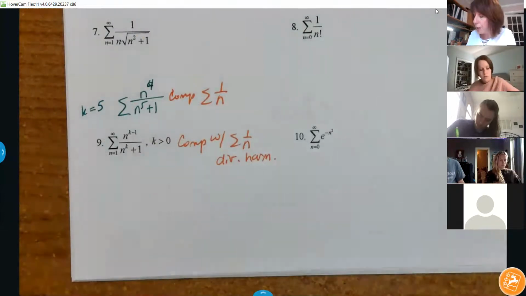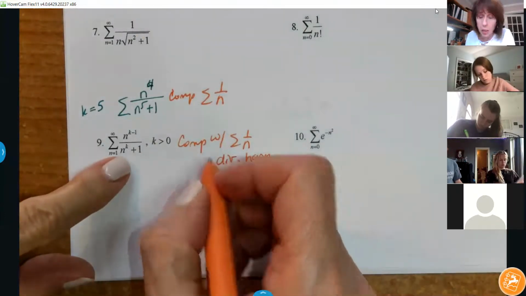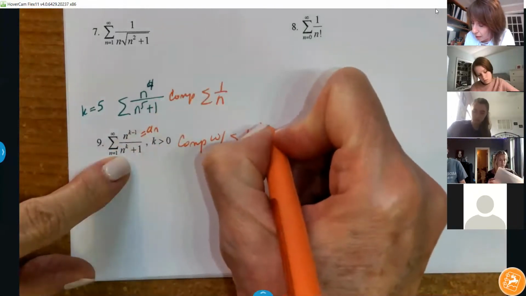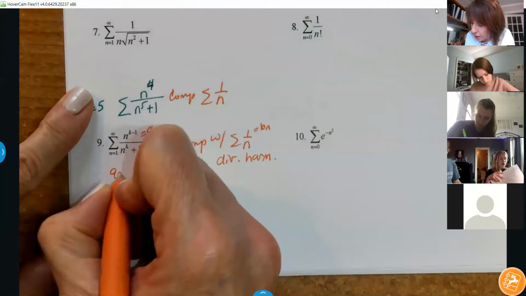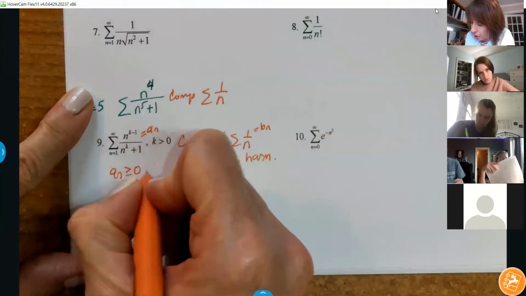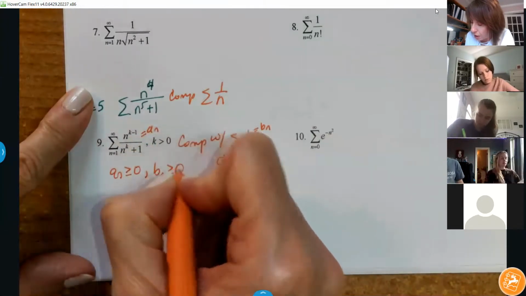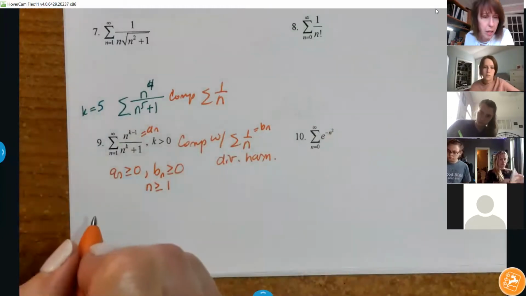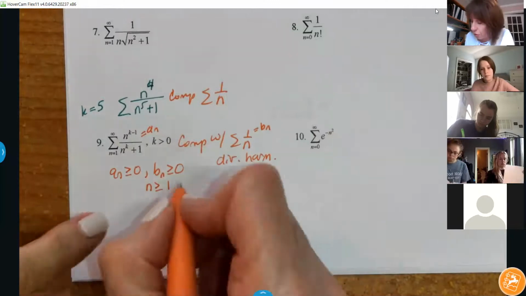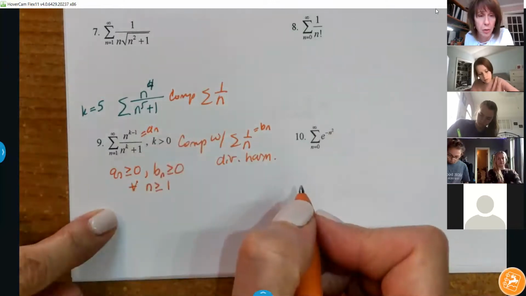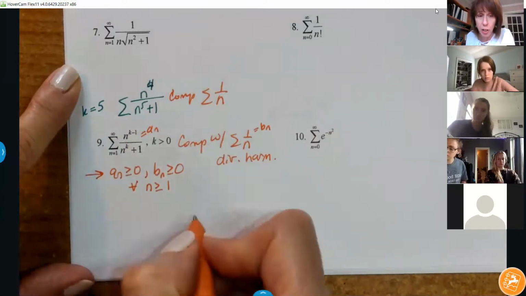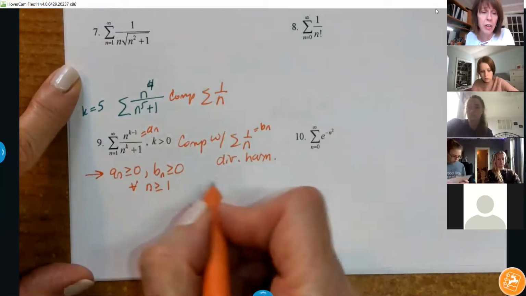There are 2 ways to do this. I could let this be a sub n and this be b sub n, and say a sub n is greater than or equal to 0, b sub n is greater than or equal to 0, specifically when n is greater than 1. But that's fine if you don't say that part. I do need you to tell me that both series terms are positive or 0.